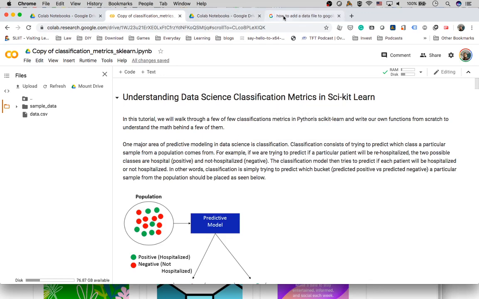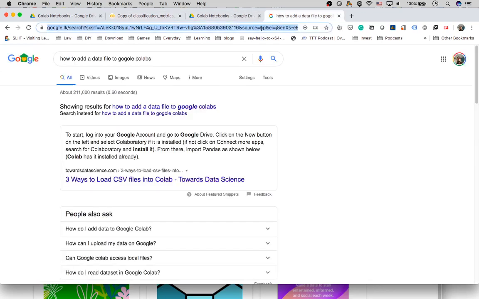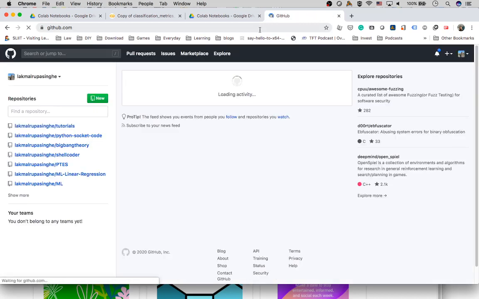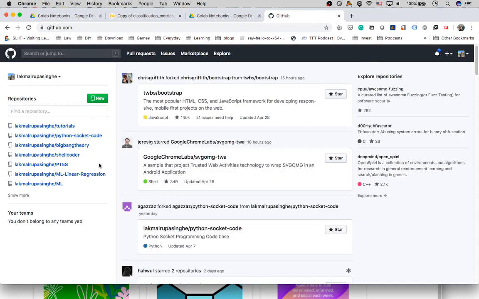So if you go to my GitHub, I'll show you, there's a repository. So if I go, there's one called, it's not showing here.